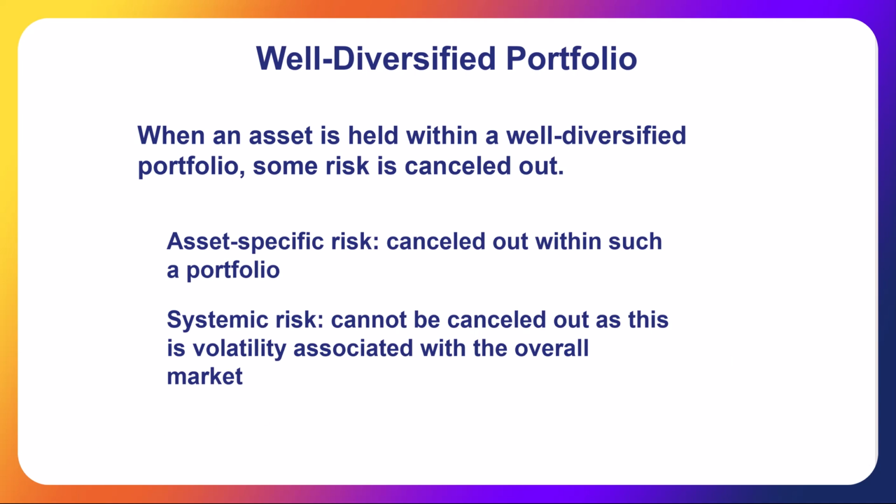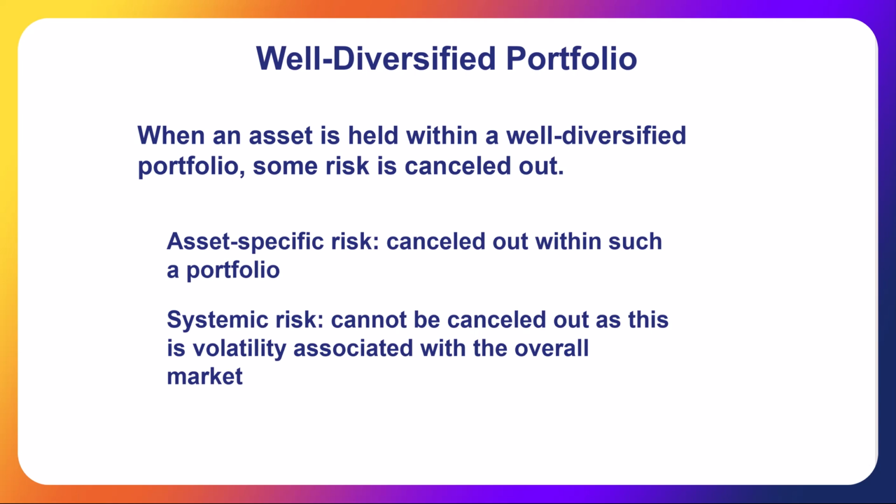So diversification is a strategy to reduce risk by holding a variety of investments. For example, if your portfolio includes stocks from both tech companies like Google and consumer goods companies like Procter & Gamble, poor performance in one sector may be offset by the gains in another.